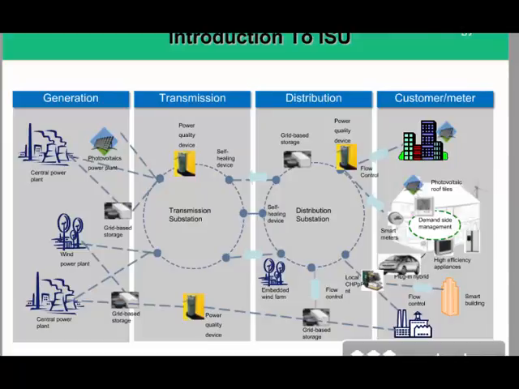So this is a complex scenario comprising GIS, geographical information system, your network hierarchy, and the plant maintenance aspect comes into the picture, and a lot of new concepts come in. So there are embedded processes in smart appliances, implanted into generation substations, transmission lines, distribution lines, and so on.